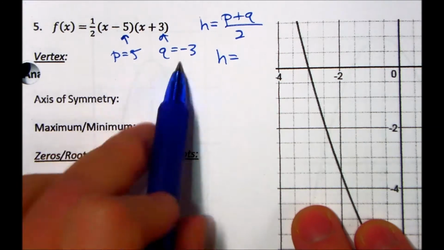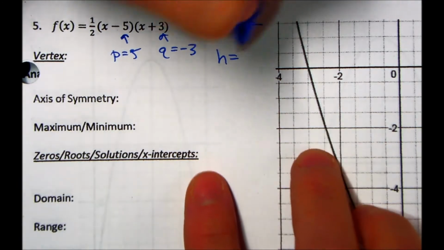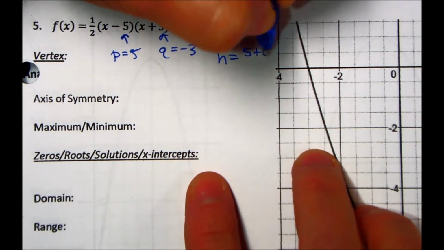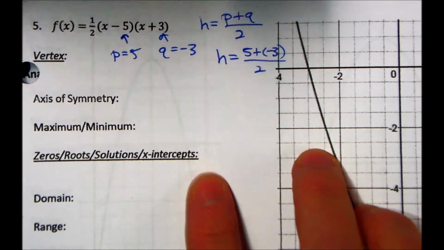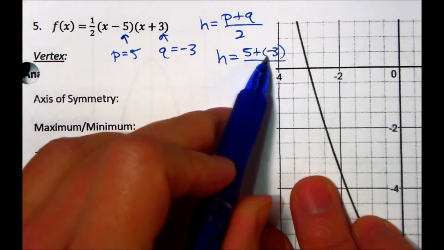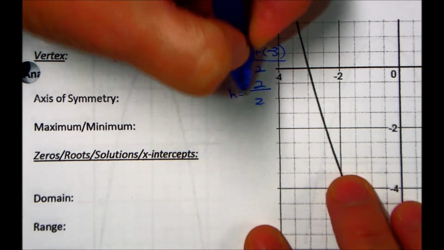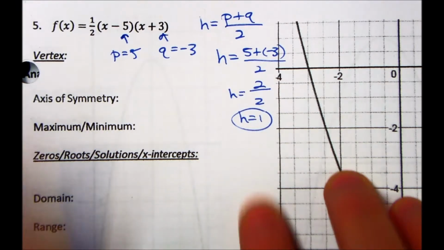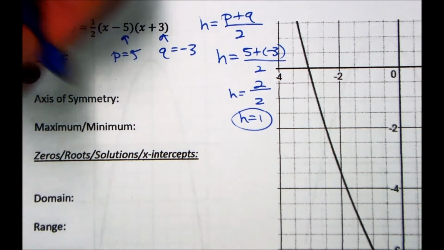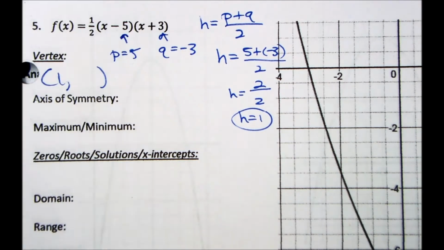So when you add that p and q together, 5 plus a negative 3 divided by 2, you get a positive 2 over 2, which would then equal 1. So that is the x-coordinate of your vertex for this problem.